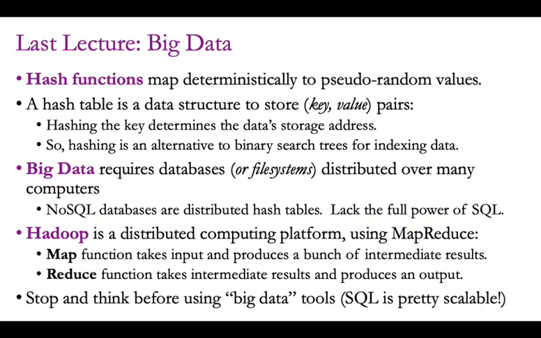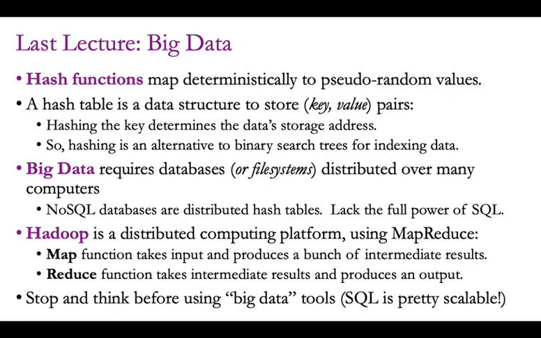The second topic we covered in big data was a particular distributed computing platform called Hadoop, which uses MapReduce. Hadoop is a type of computer cluster that stores data in a distributed way, and it tends to use the Hadoop file system to distribute data.